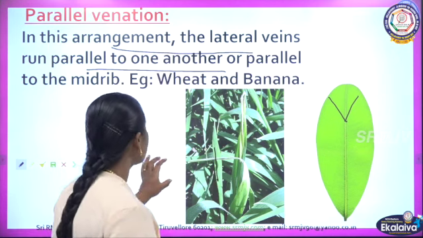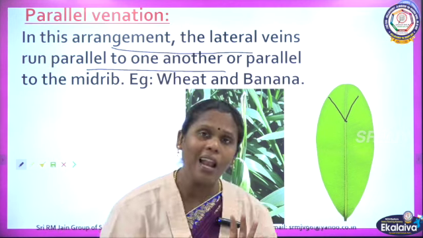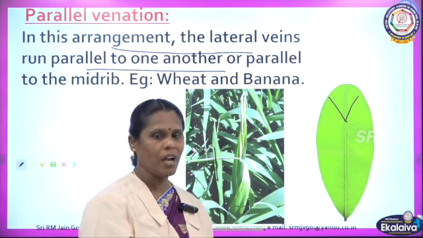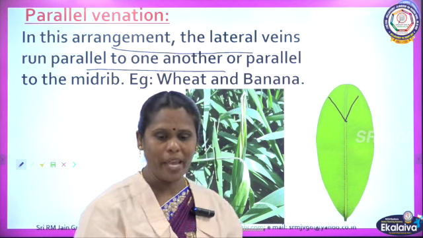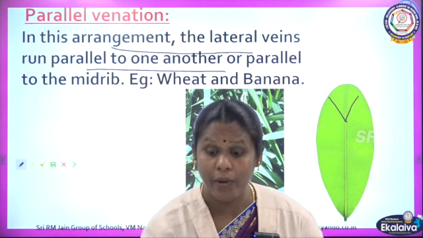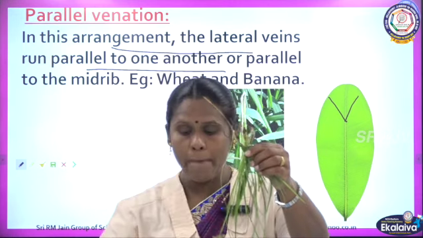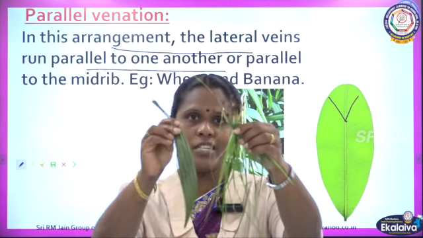This is called parallel venation. For example, wheat and banana. Shall I show some examples of parallel venation? In grass also you can see parallel venation.